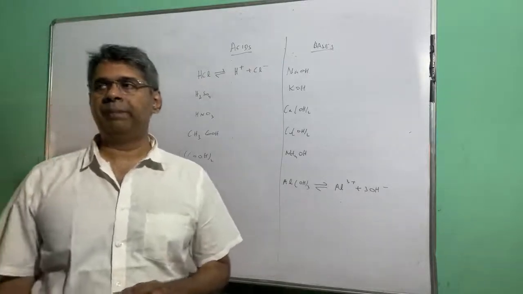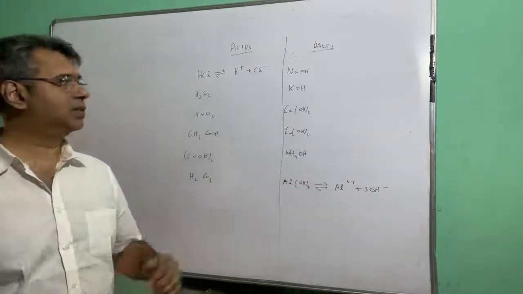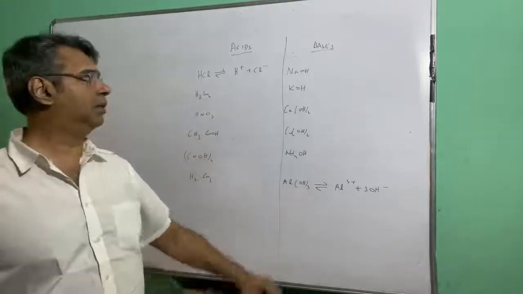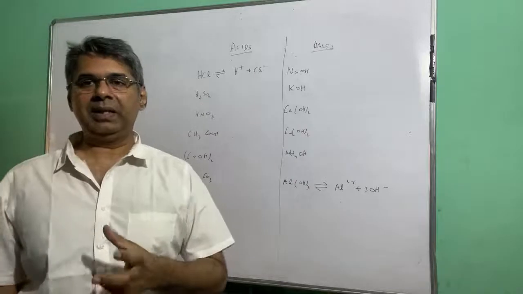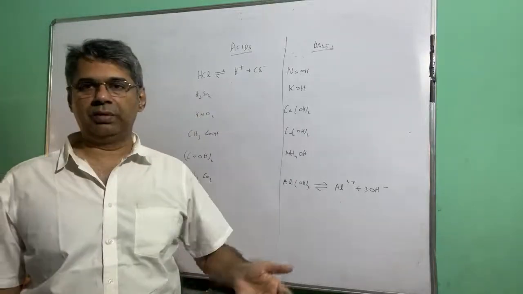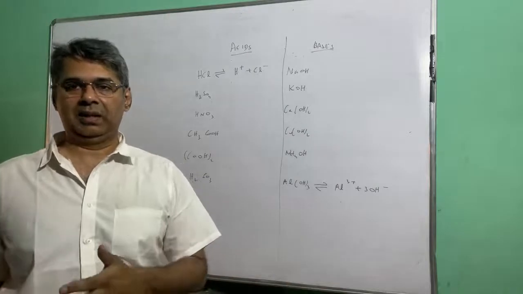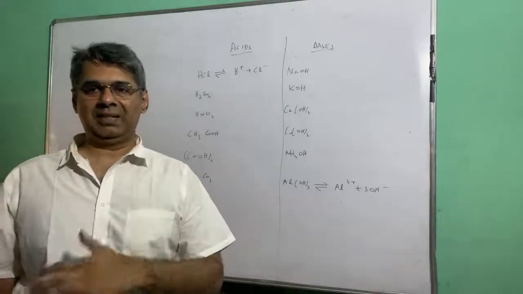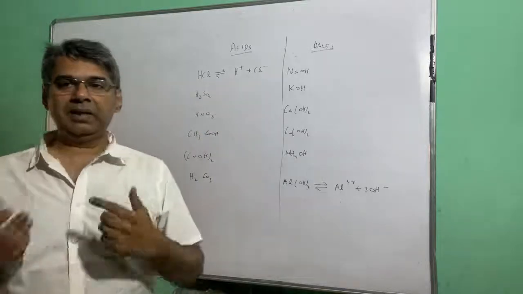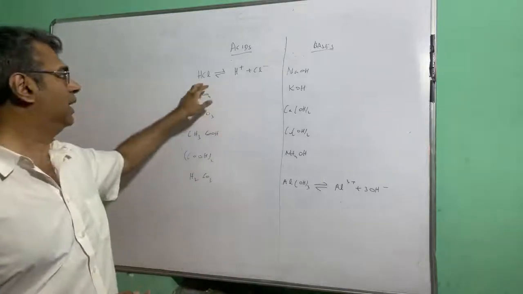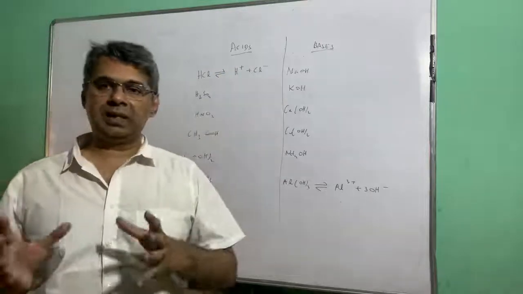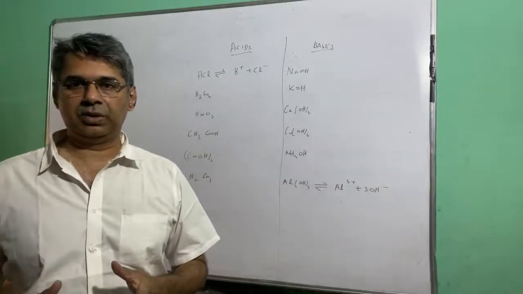I'll tell you why. Double arrow means the reaction can go this way and that way both. But when I am asked to give a mathematical calculation, I will say that by the time the reaction is over, there is no HCl. It's fully H plus and Cl minus. So I can put a double arrow, but I can mathematically justify it by saying that at the end of the reaction, this quantity becomes 0, and these two quantities are the only quantities in the solution.